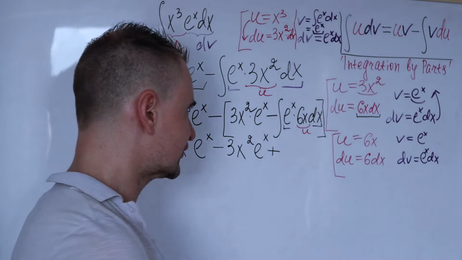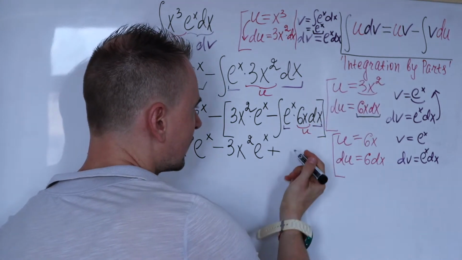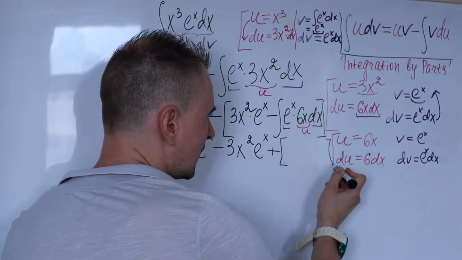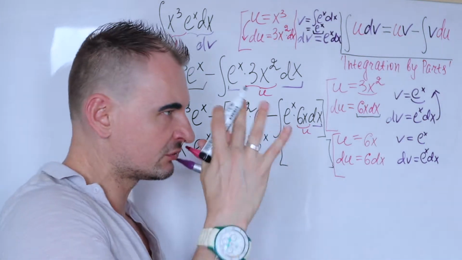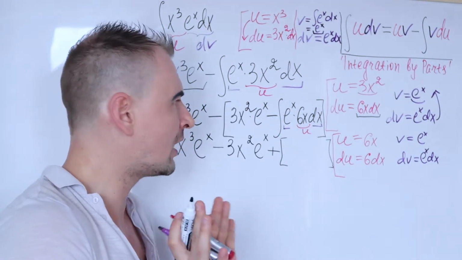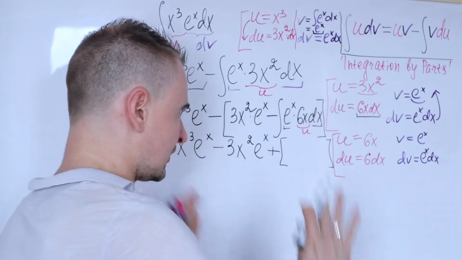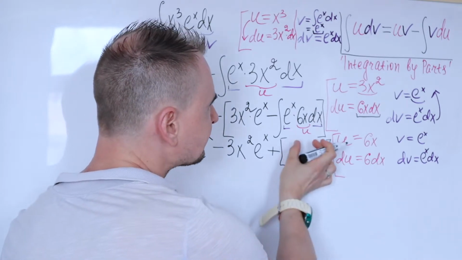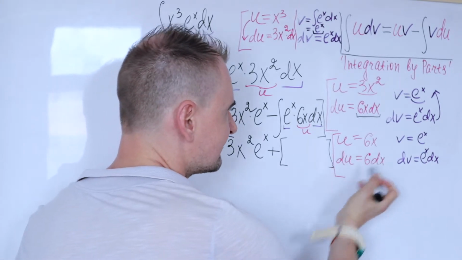The same old story. Now, at this point, we are going to apply this formula. I'm going to draw a square bracket to emphasize it. It's not necessary, you could draw normal parentheses. So what goes inside? u times v.